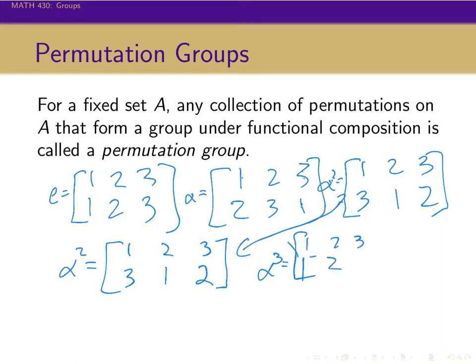And 3 gets sent to 1, which gets sent to 2, which then gets sent to 3. And so alpha cubed is our identity.